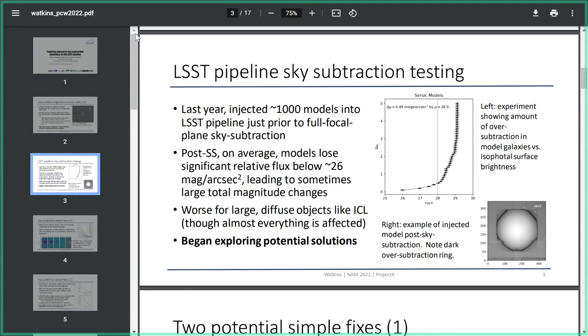And we just did photometry on them after the fact on the coadds, the deep coadds that are good for LSB science, just to see what happens to them. And the results are summarized in the plot on the right here. This is showing isophotal surface brightness, the average isophotal surface brightness in these models. And the y-axis is the amount of flux that was over-subtracted at that isophote in units of surface brightness.